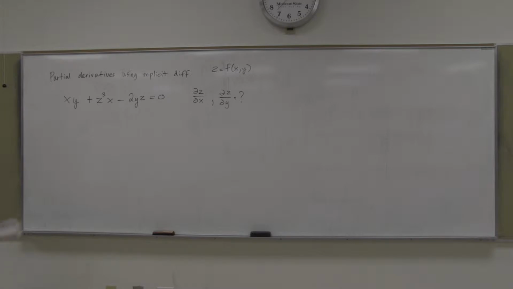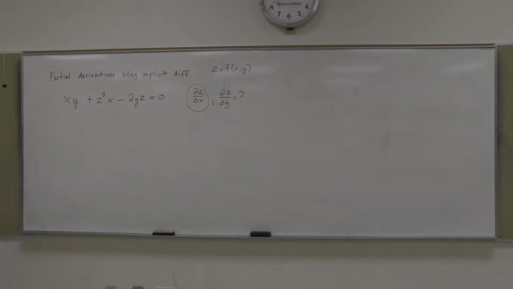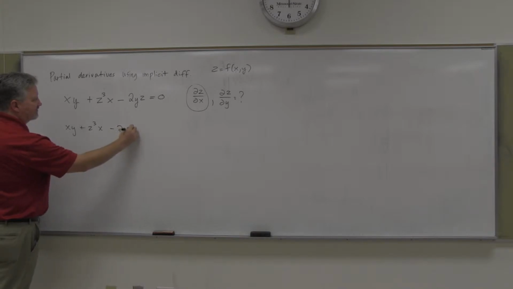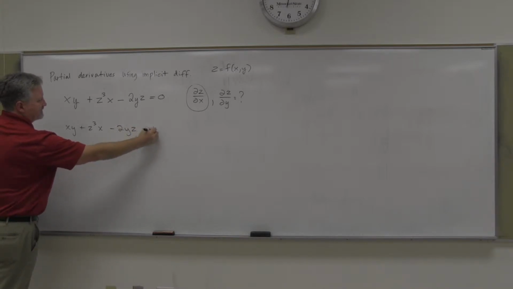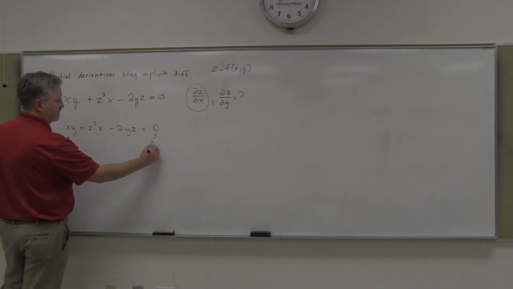So remember, if I'm finding the partial of z with respect to x using implicit differentiation, what I'm going to do is take the d/dx of both sides, but in this case it's the partial with respect to x of both sides.